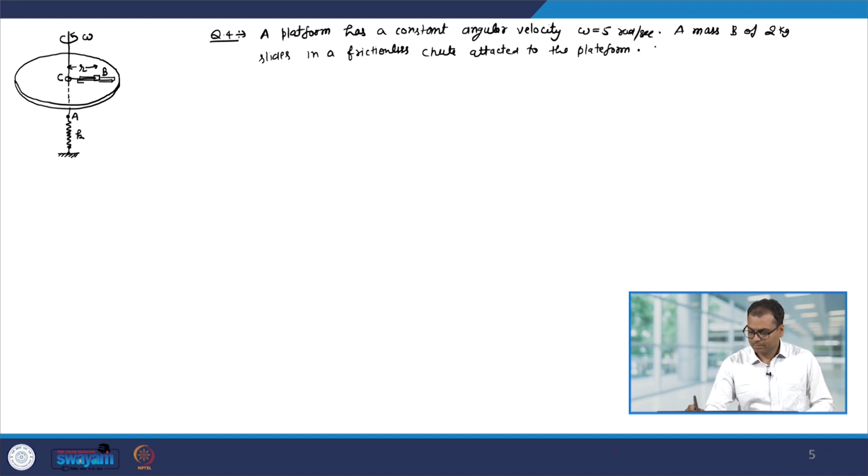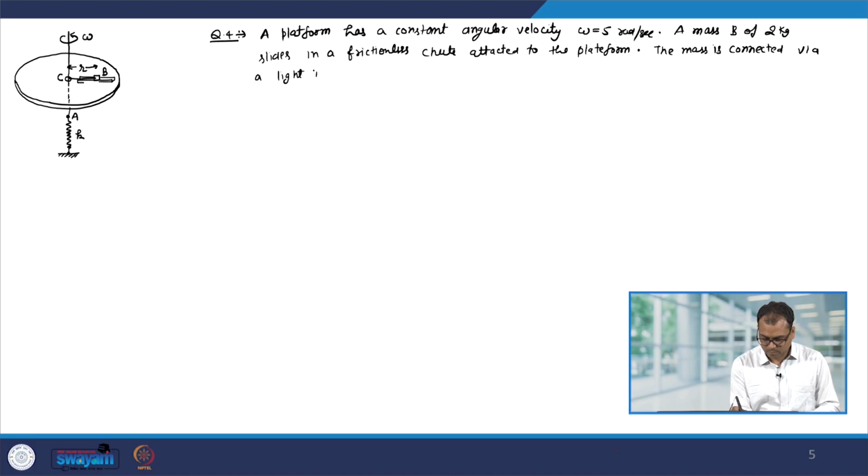The mass is connected via a light inextensible cable to a linear spring of spring constant K equal to 20 Newton per meter.